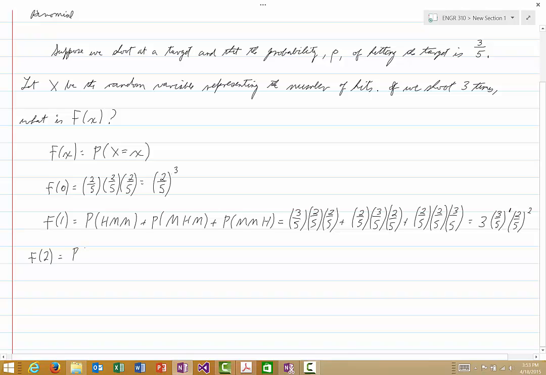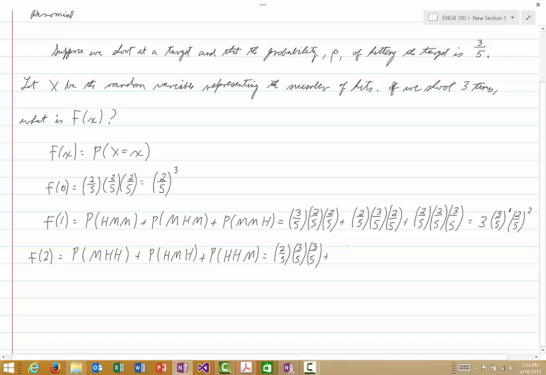Now, what about the probability of 2 hits? Well, one way in which we could get 2 hits would be miss, hit, hit. Another one would be hit, miss, hit. And another one would be hit, hit, miss. Those would be all the ways in which we could get exactly 2 hits. For miss, hit, hit, we would have 2/5 times 3/5 times 3/5.